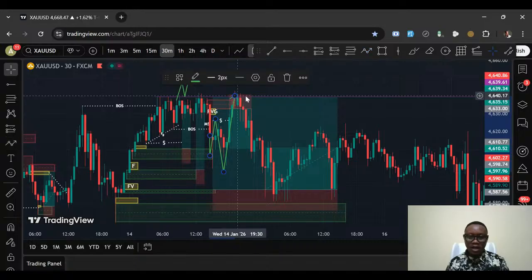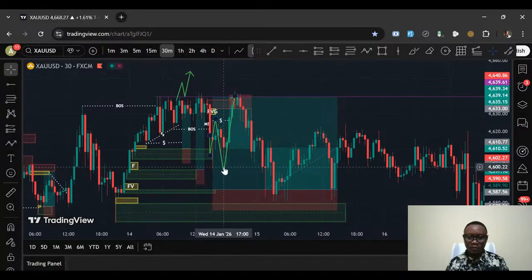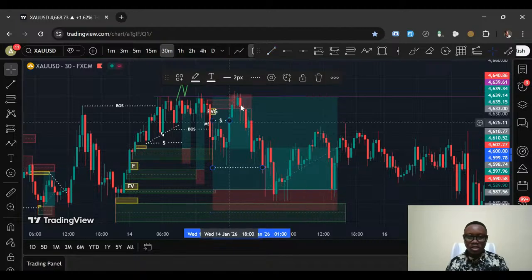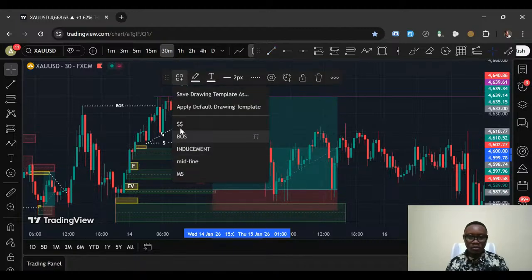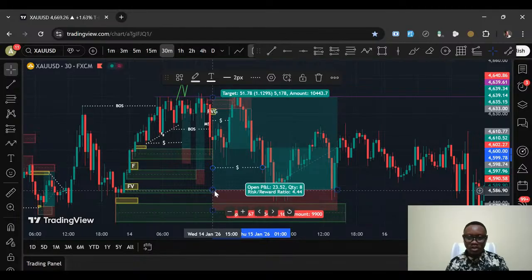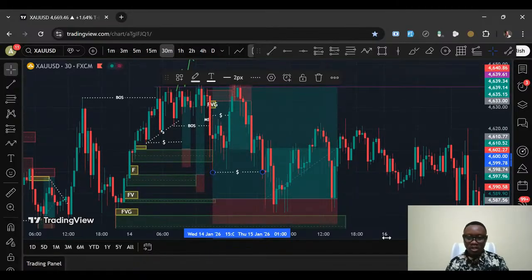Then after smashing TP, just as we predicted, price came all the way down to sweep available liquidity below this low, right? So price came down all the way to sweep available liquidity, thereby tapping into this rear zone, which again we were able to mark out in our last session.